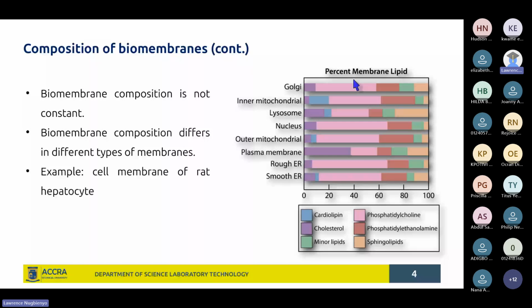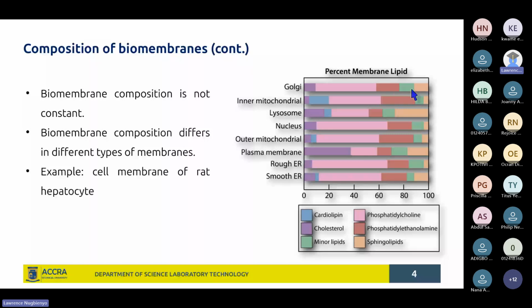So for instance, if you take the Golgi apparatus, you have cholesterol, just about 5-10% in there, and phosphatidylcholine, which is about some 30%, and phosphatidylethanolamine, also about 20%, and some minor lipids, about 10%, and some sphingolipids, also about 10%.